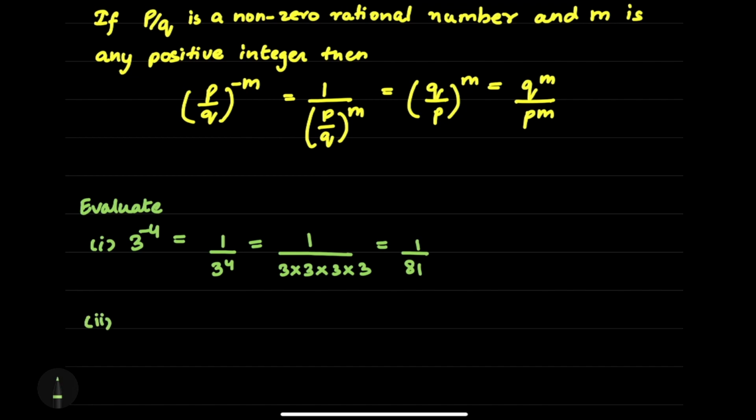Another very simple example is that of a rational number. Here we're going to again convert these into a positive exponent. As we have seen from p by q above, we will flip these two numbers to get a positive exponent and solve accordingly.